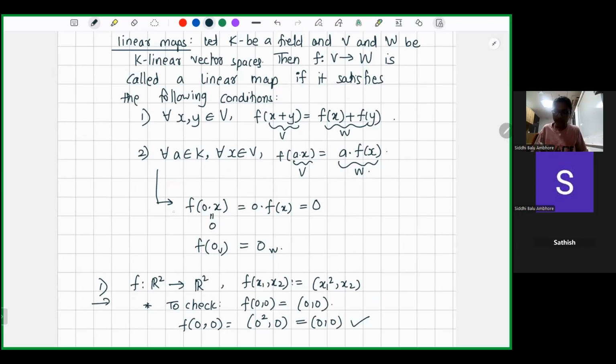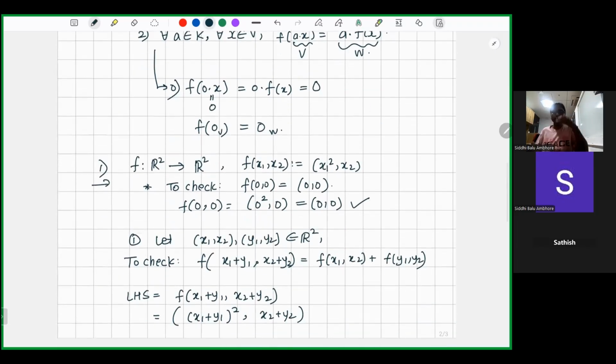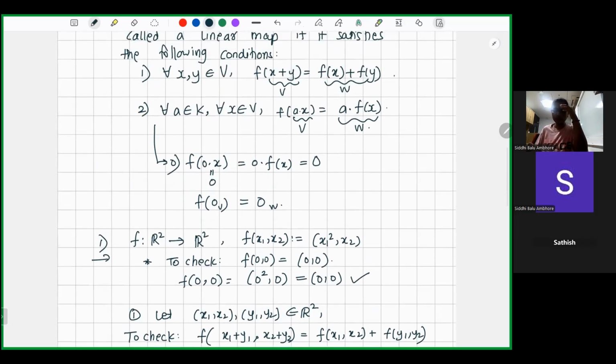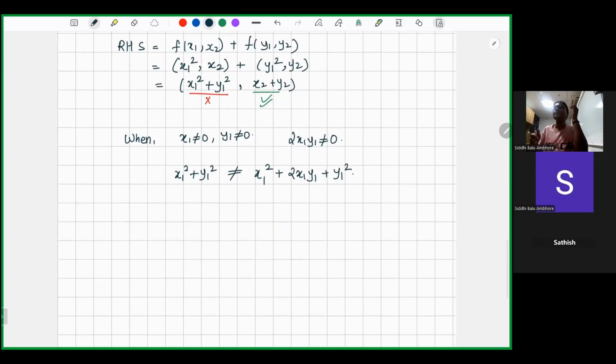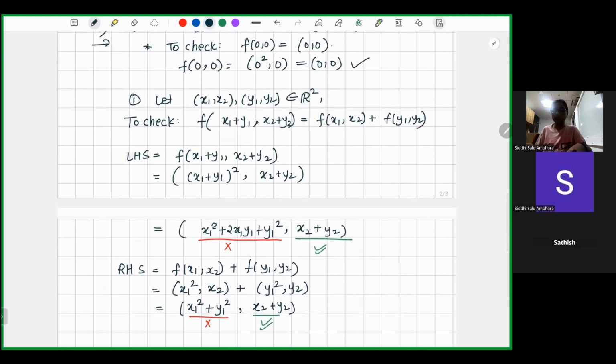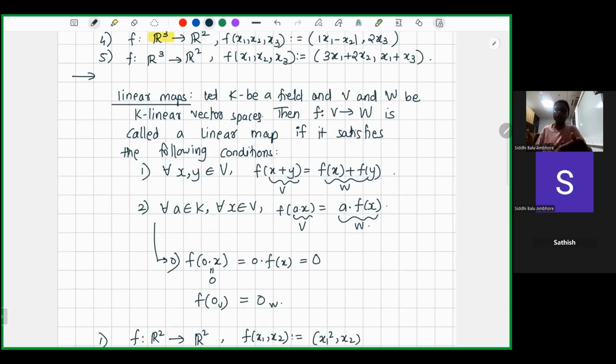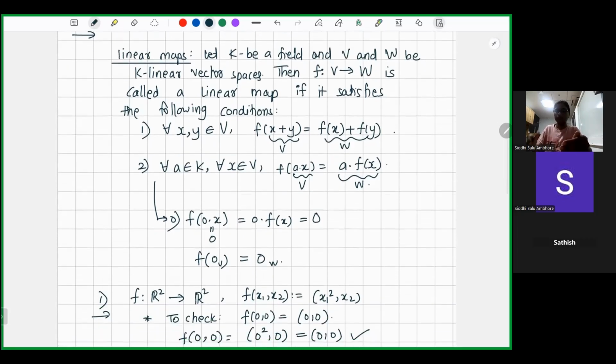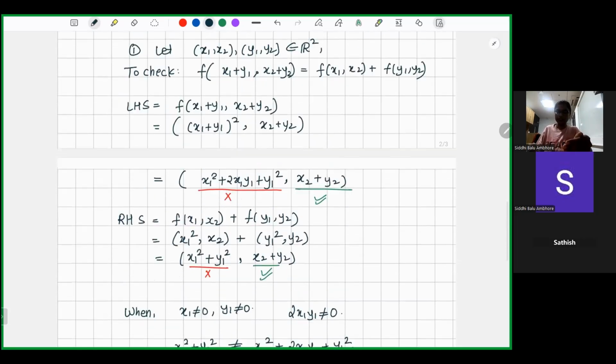Since this is related to zero, it is called the zeroth property. So once one condition is not satisfied for this map to be a linear map, we don't need to check the second condition, because if something is a linear map, then it must satisfy both conditions.